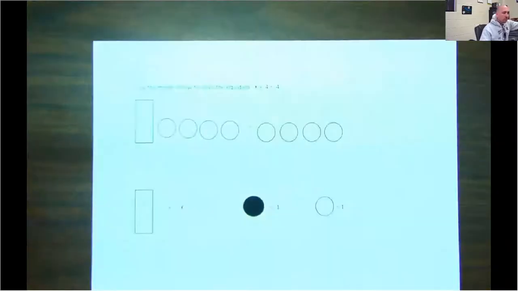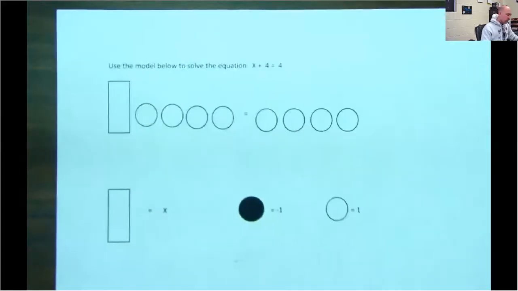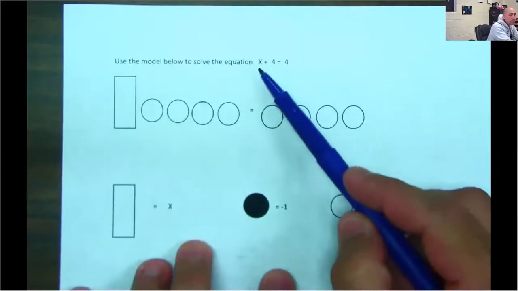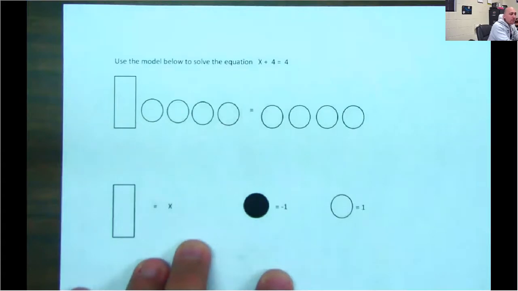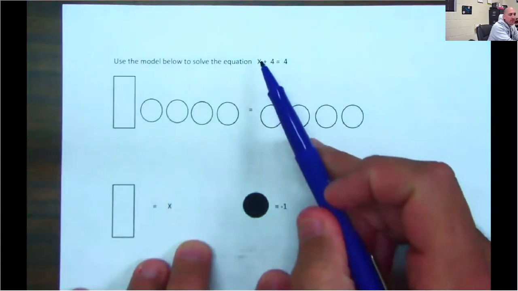All right, guys, I'm going to go ahead and share my screen, and I'm going to show you how to solve one-step equations with modeling. It says to use the model to solve the equation. We have x, so remember, a letter represents a number. A letter is also known as a variable.